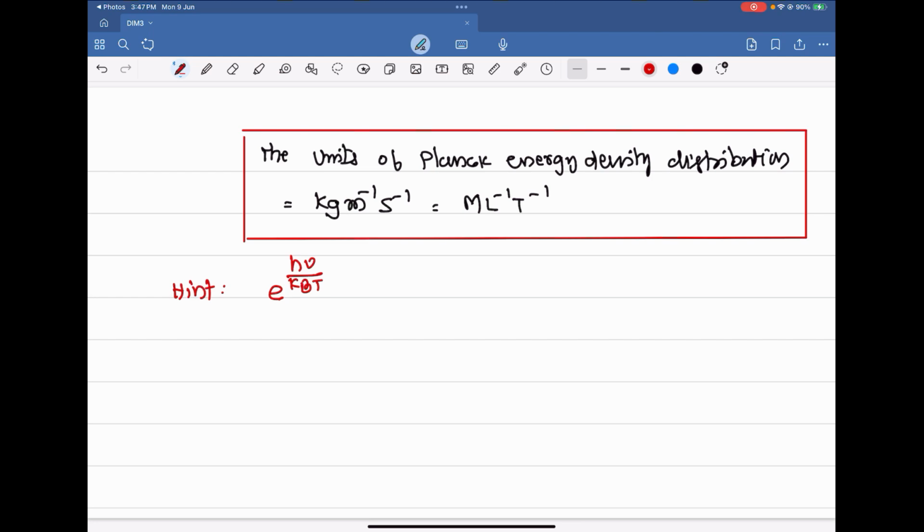We will try to find the Boltzmann constant units from this equation. Because I have told you, e to the power of something is a dimensionless number.